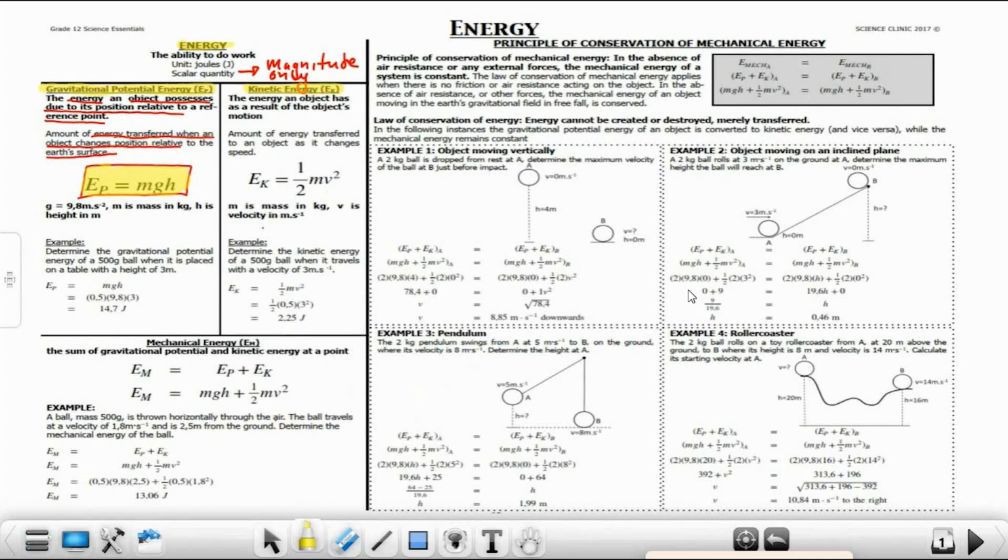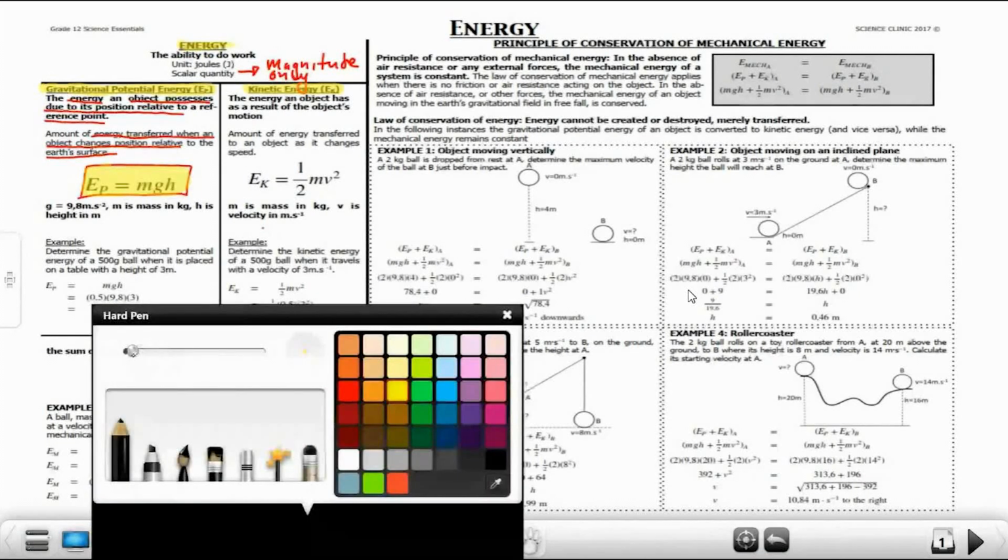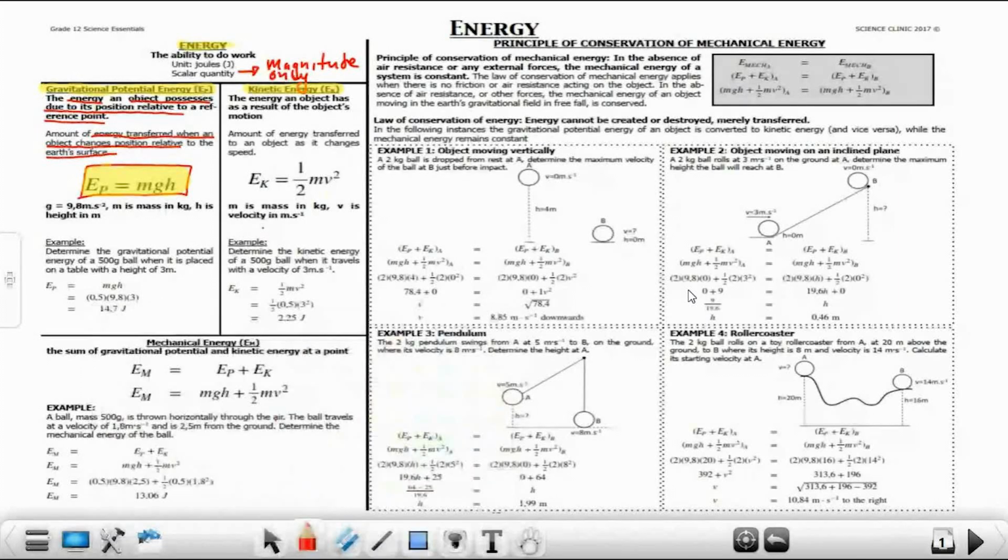But there are key things that we also need to understand when we look into this. Our mass must be in kg and our height must be in meters. And then g becomes a constant, which we will get from our formula sheet. So g is equal to 9.8 meters per second squared.